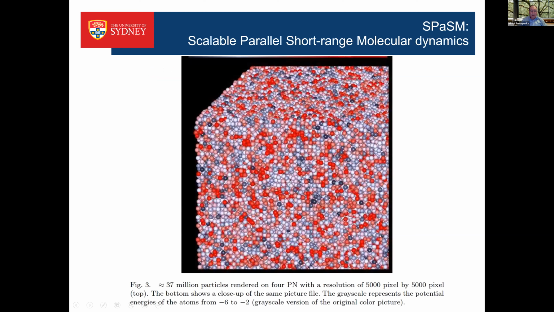And that's how it looked. That's a snapshot produced by this scalable parallel short-range molecular dynamics simulator, SPaSM. So essentially, particles in close proximity interact with neighbors, and these interactions may change their physical properties, like polarity or electrical charge or magnetic charge or whatnot. And there are laws of interaction defined in terms of these physical quantities at that local scale.